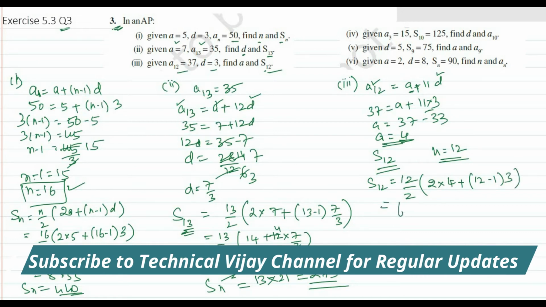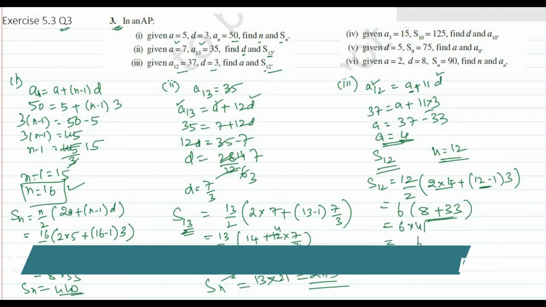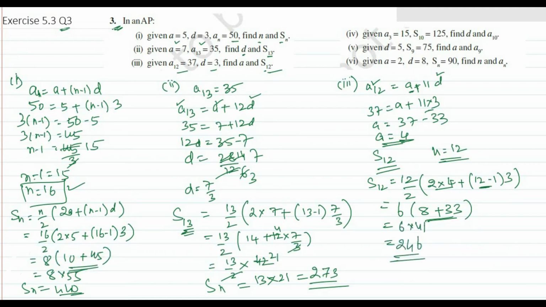So 12 by 2 means 6 into 2 into 4, 8, plus 11 into 3, 33. 33 plus 8 is 41, 41 into 6. So 6 into 41, 6 fours are 24, so S12 is equal to 246.